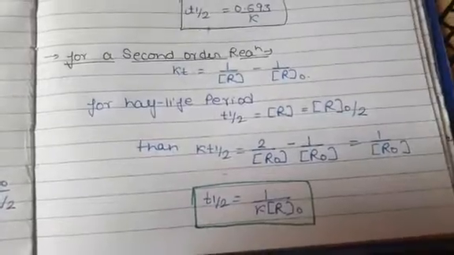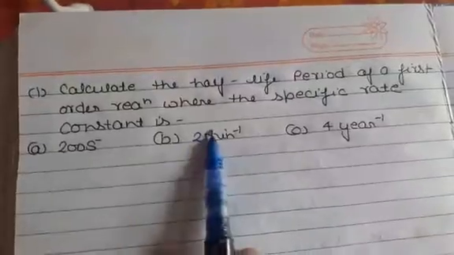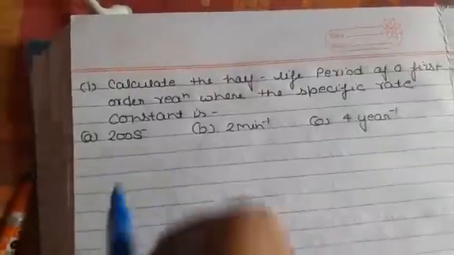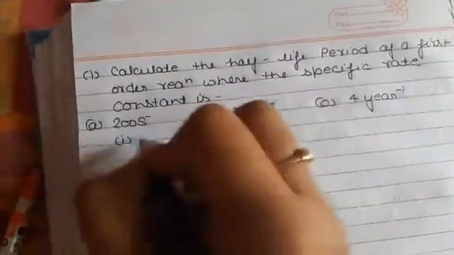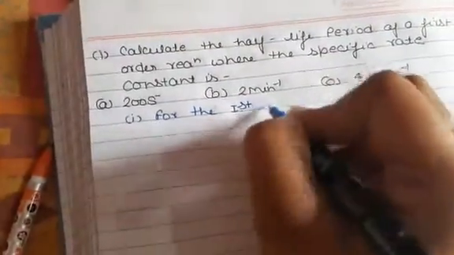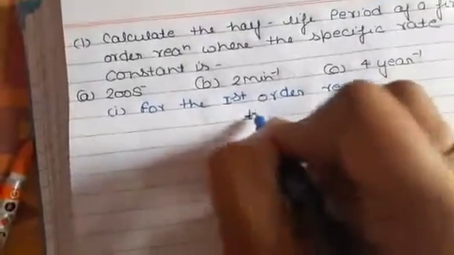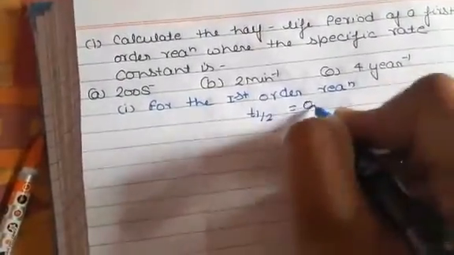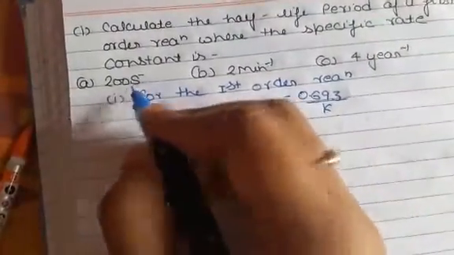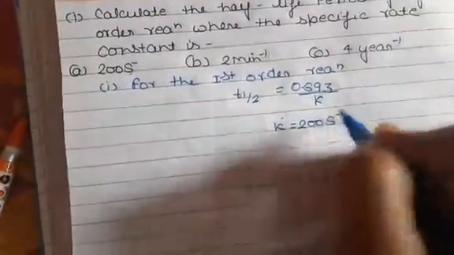Okay students, now numericals related to this topic. Calculate the half-life period of a first order reaction where the specific rate constant is, for the first part, 200 second inverse. So students, we know that for the first order reaction, t half equals 0.693 upon k, and for the first part k equals 200 second inverse.